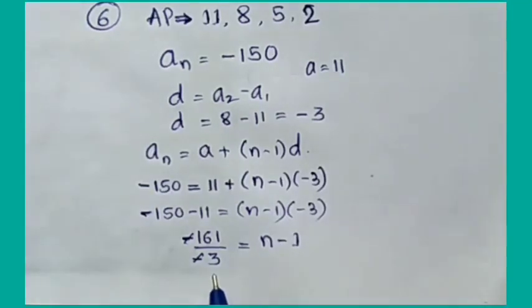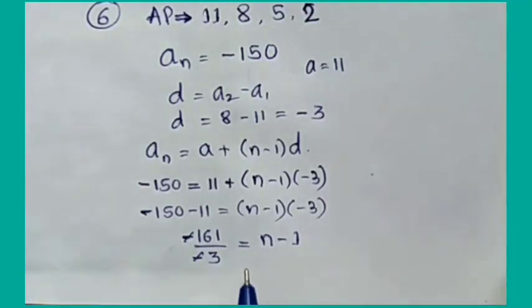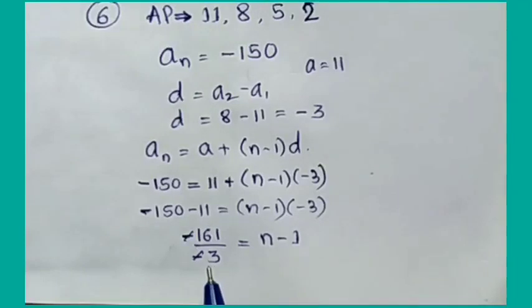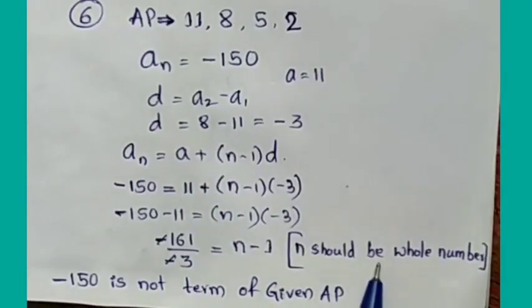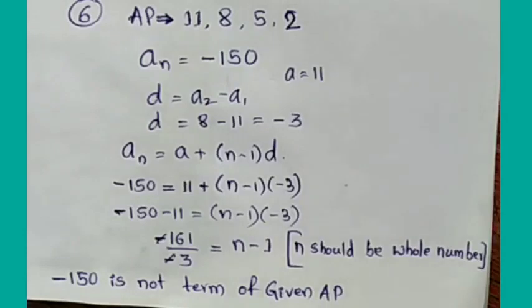Here we are getting a rational number, a fraction. So we can say that minus 150 is not a term of the given AP. You have to write here that n should be a whole number or natural number. So minus 150 is not a term of the given AP. Like that you have to write in your fair book.